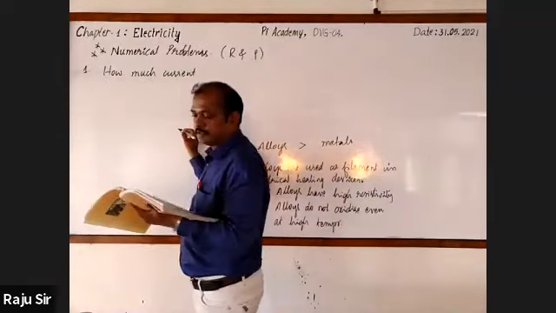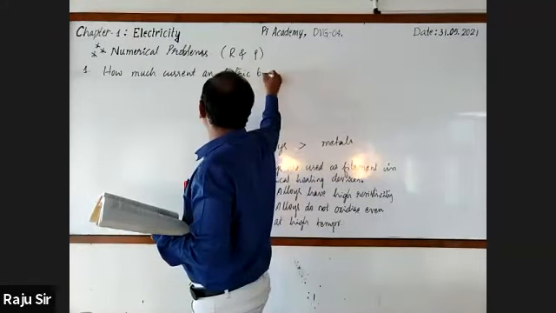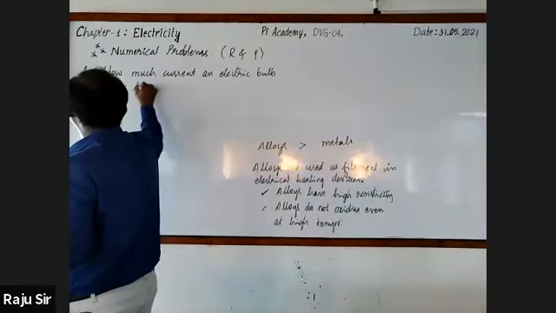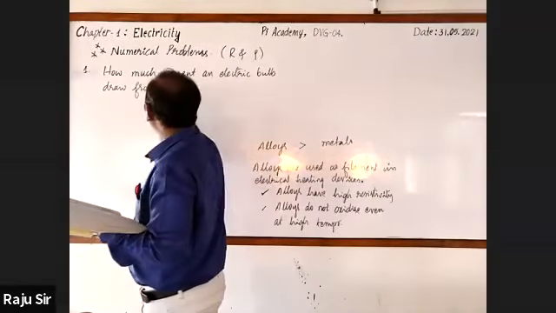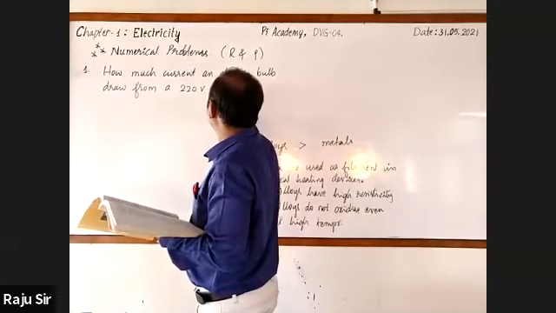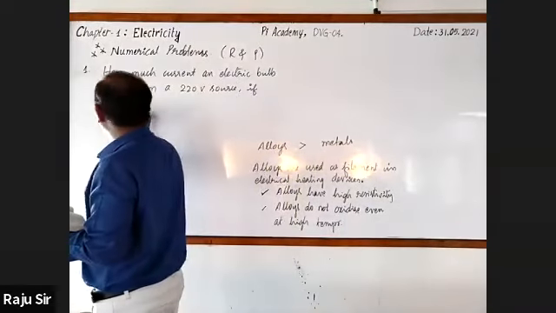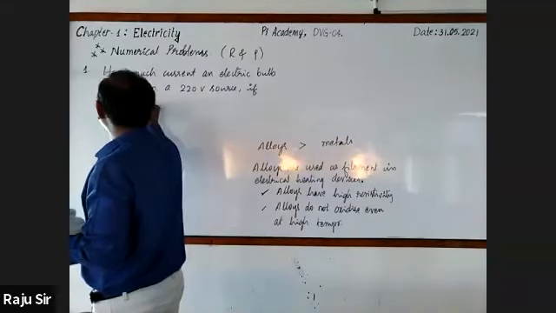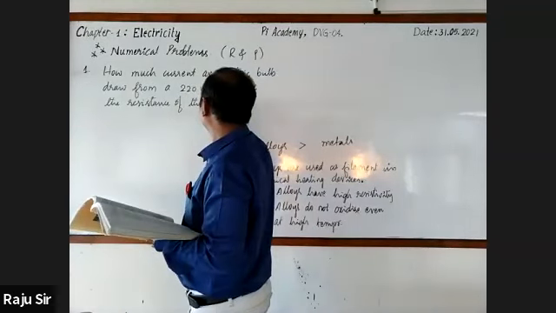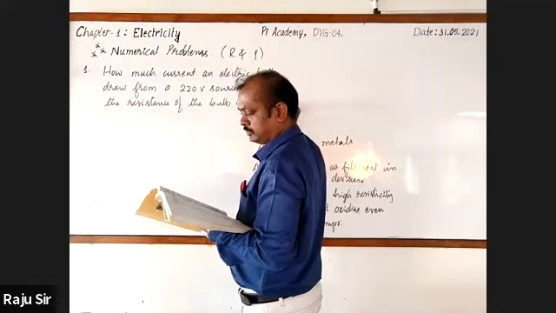An electric bulb draws from a 220 volt source. If the resistance of the electric bulb is 1200 ohm.